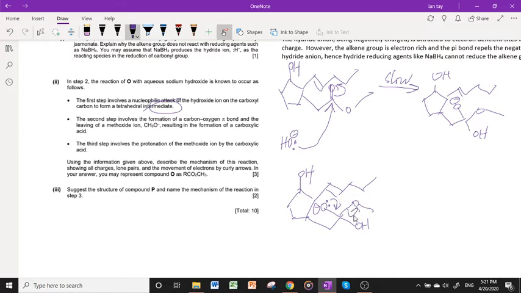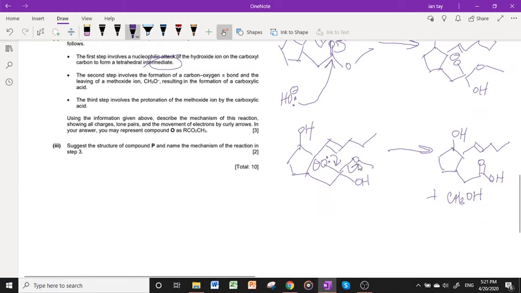So this bond has to break to liberate this methoxide ion. So this should be like this. OH plus CH3OH. So now, okay, third step involves the protonation of methoxide ion by the carboxylic acid.